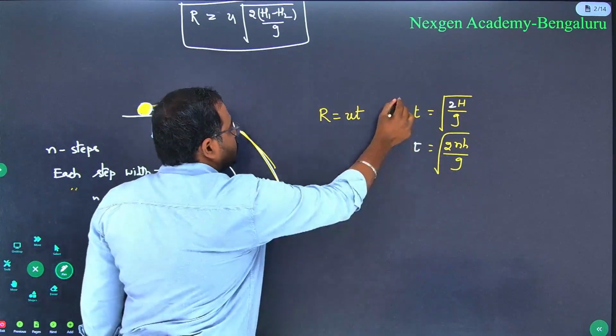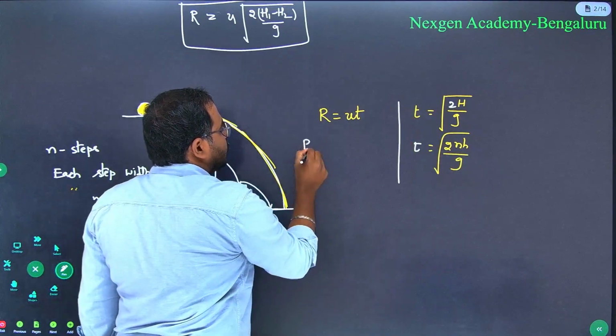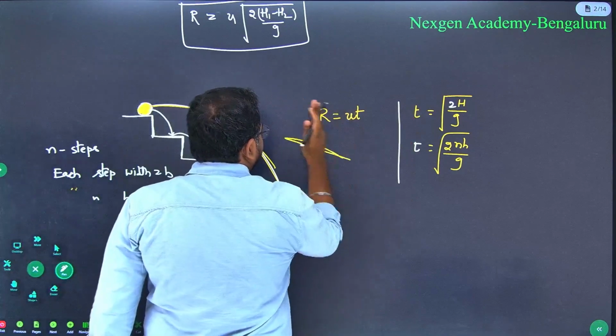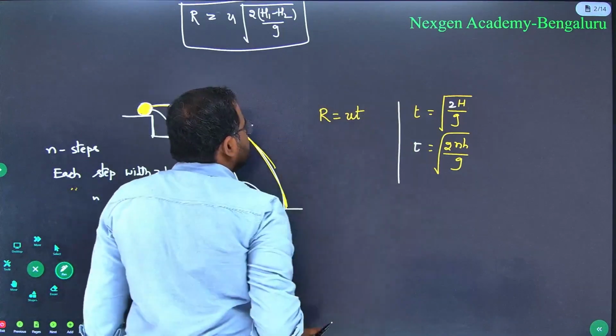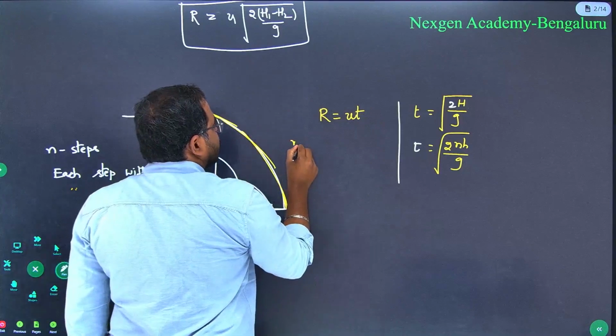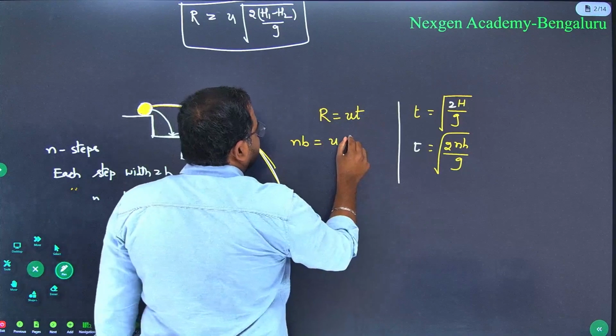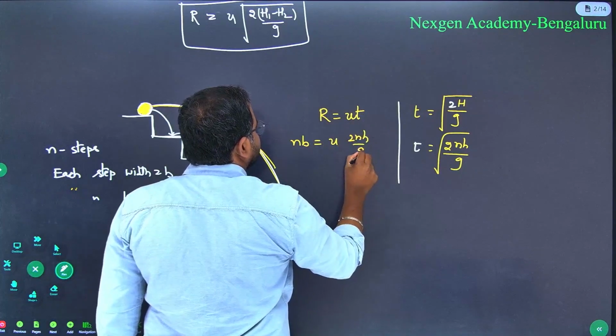Now, let me substitute that here. This r, the horizontal range, can be written as n times the breadth, is equal to u into square root of 2nh by g.